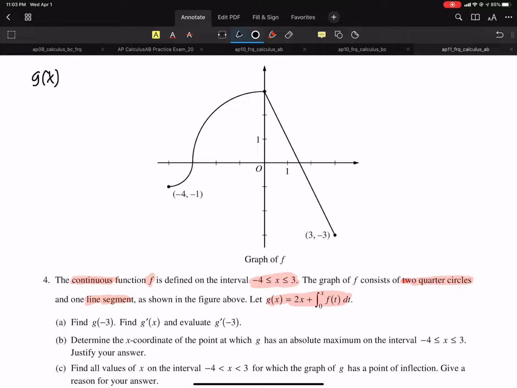Well, if we have g of x, all we have to do is replace x with negative 3. So g of negative 3 would be 2 times negative 3, and the integral from 0 to negative 3.